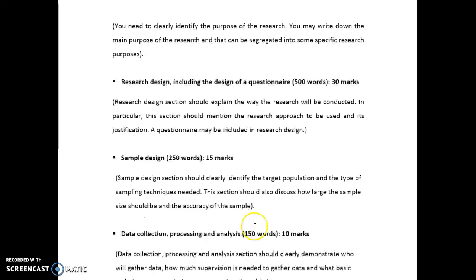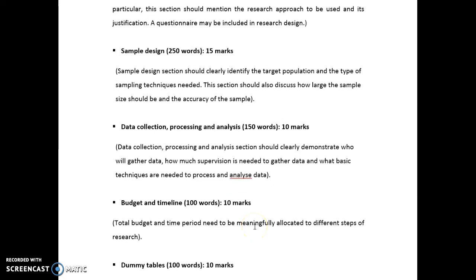Okay. Then in the data collection, processing, and analysis section, you should write down all these three. First of all is data collection: who will be collecting data, how much supervision will be needed, and, as I already mentioned, you briefly mention in the research design section what the mode of data will be, and how you will be storing data.